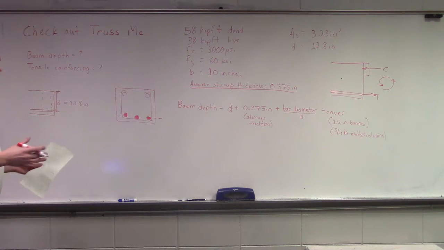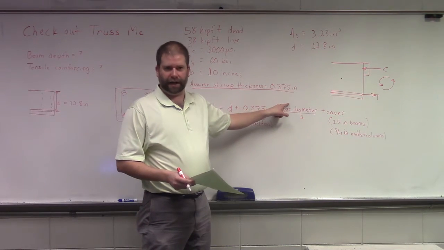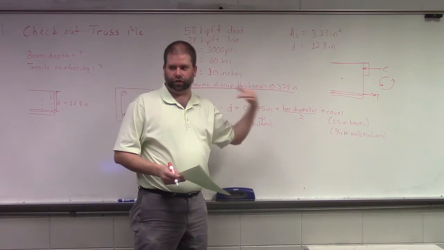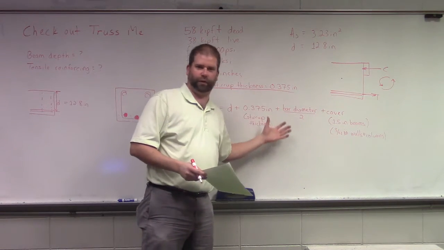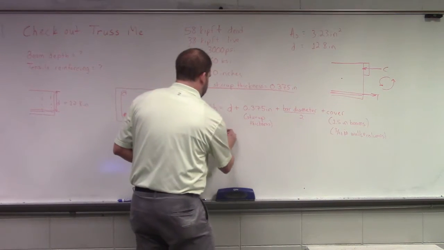So there's really no guideline for us in figuring out this bar diameter, okay? So it's just going to be an iterative process. We have to throw something in there to start and figure out what's going on. So we know that d is 12.8.